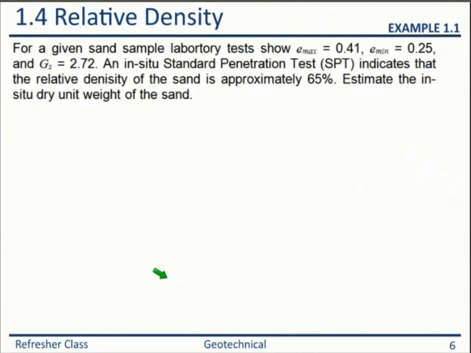Sometimes if they give you example calculations based upon relative density, it could be something like this. Please read it.